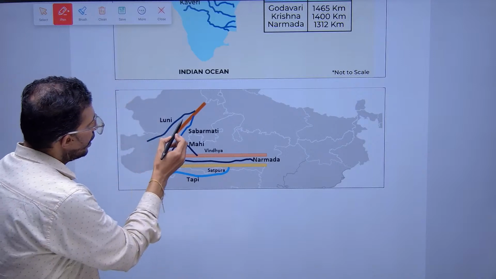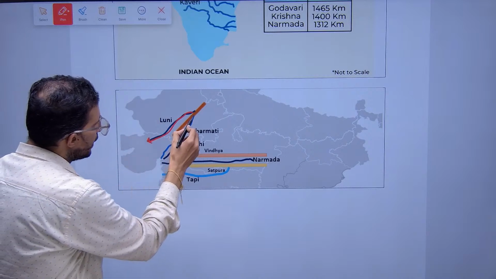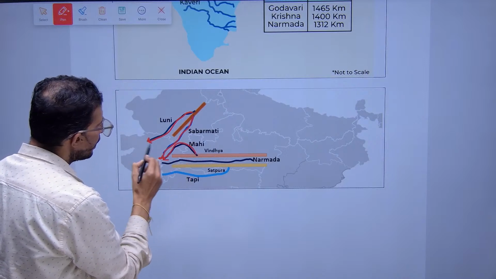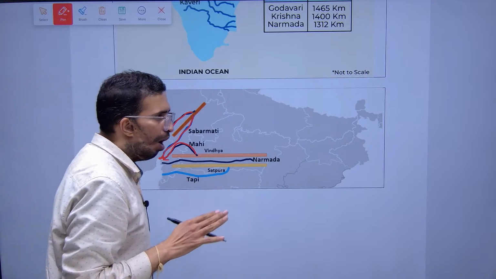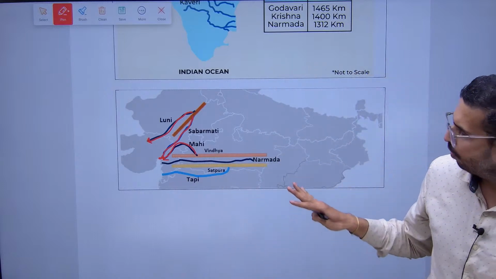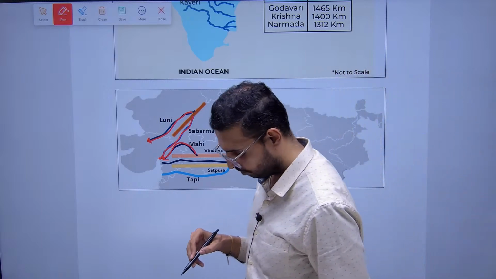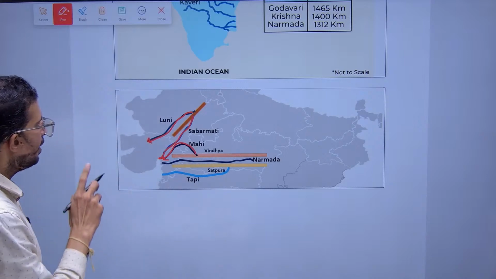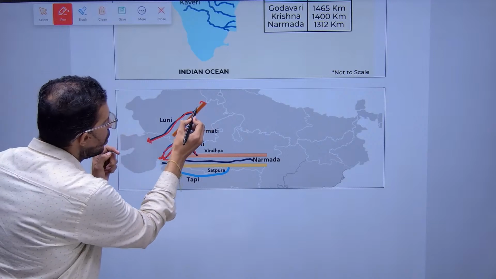If you see the Luni, see this one, Sabarmati, Mahi. Observe how we are going to analyze this map. This is just a simple map. Take it as one river, that is the Luni. This is known as the Aravalli ranges.